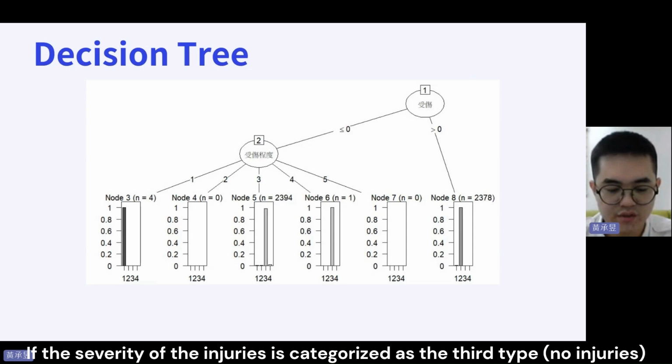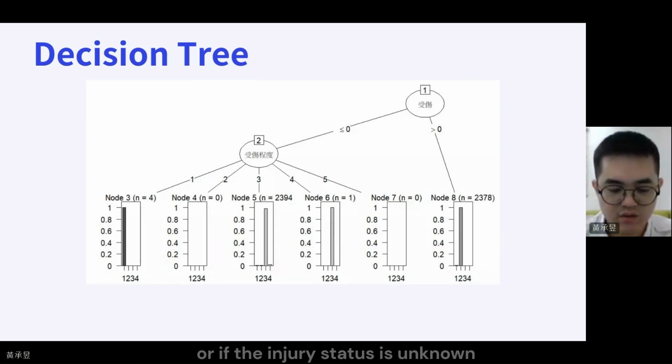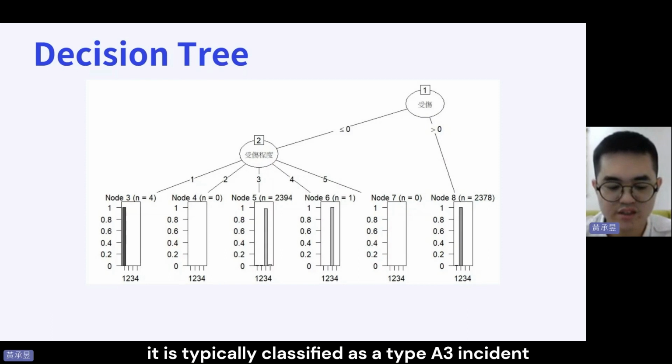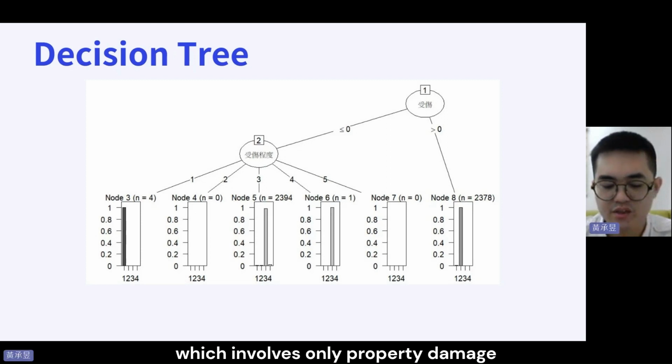If the severity of the injuries is categorized as the third type, no injuries, or if the injury status is unknown, this is typically classified as a type A3 incident, which involves only property damage.